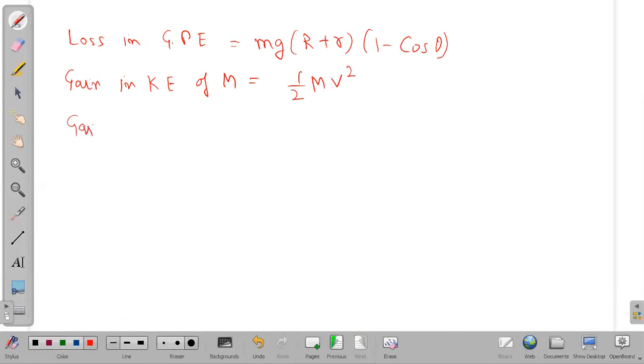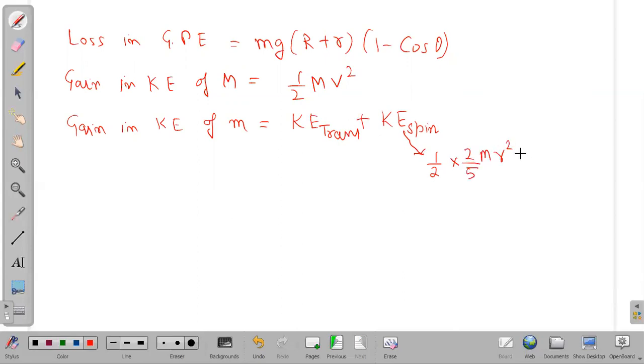Further, the gain in kinetic energy by the small sphere which is rolling on the hemisphere will be the kinetic energy of its translatory motion plus the kinetic energy of the spin motion. That is the kinetic energy of center of mass plus kinetic energy of spin. The kinetic energy corresponding to the spin will be half the moment of inertia, for the uniform sphere 2 upon 5 m r square, times omega square, that is the omega spin square.